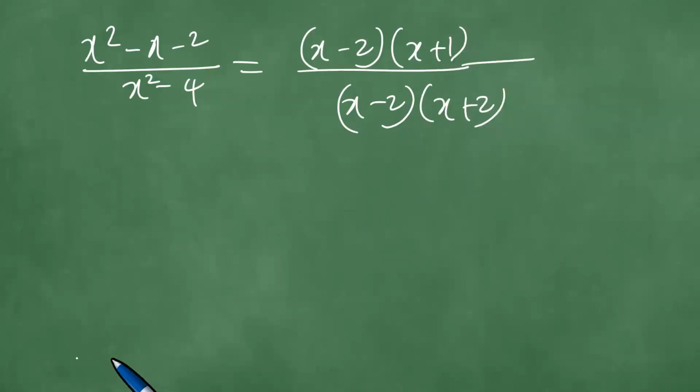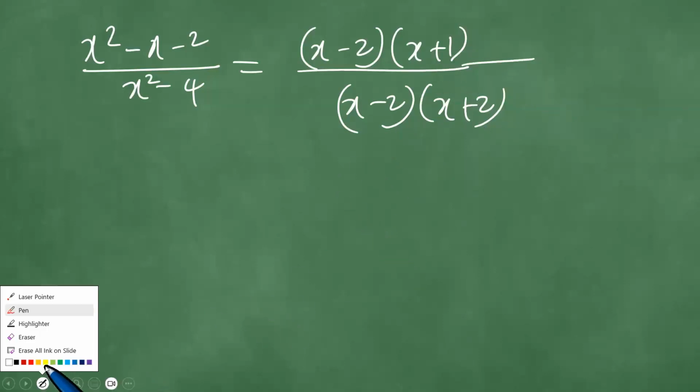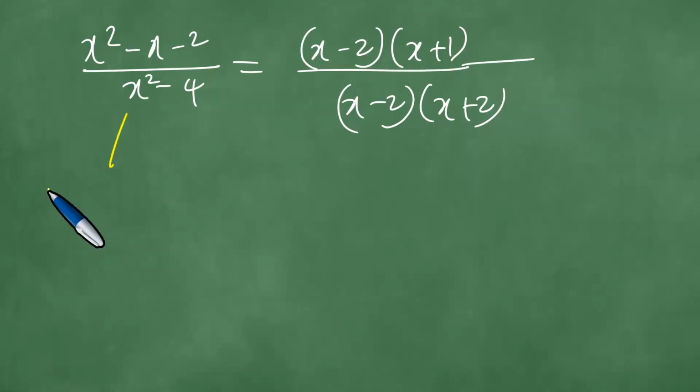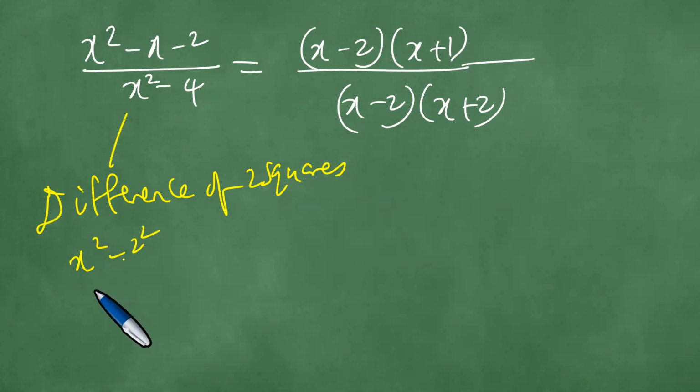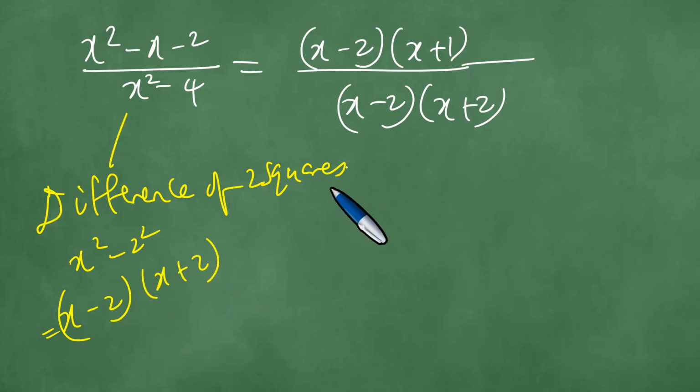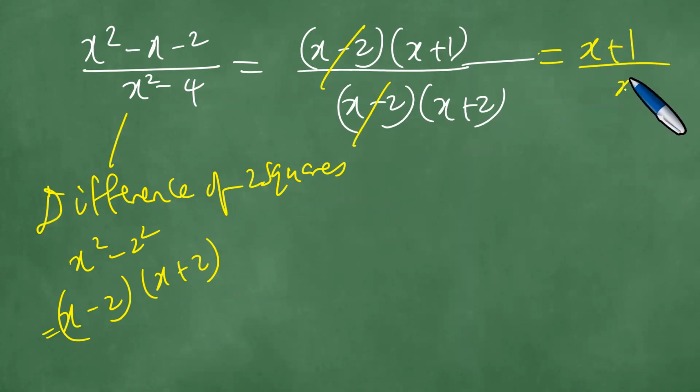This one is from the difference of two squares, x squared minus 2 squared, which is x minus 2 into x plus 2. So x minus 2 cancels out, leaving us with x plus 1 divided by x plus 2.